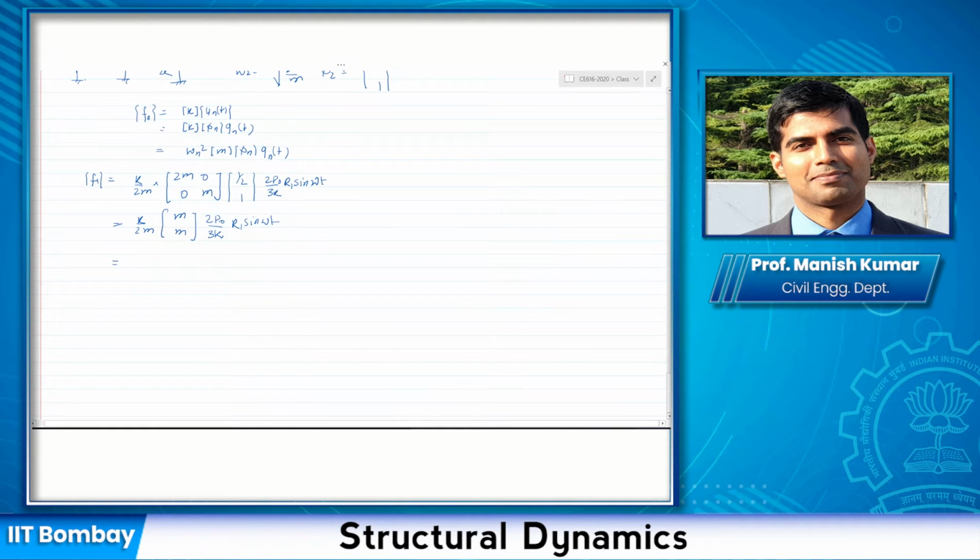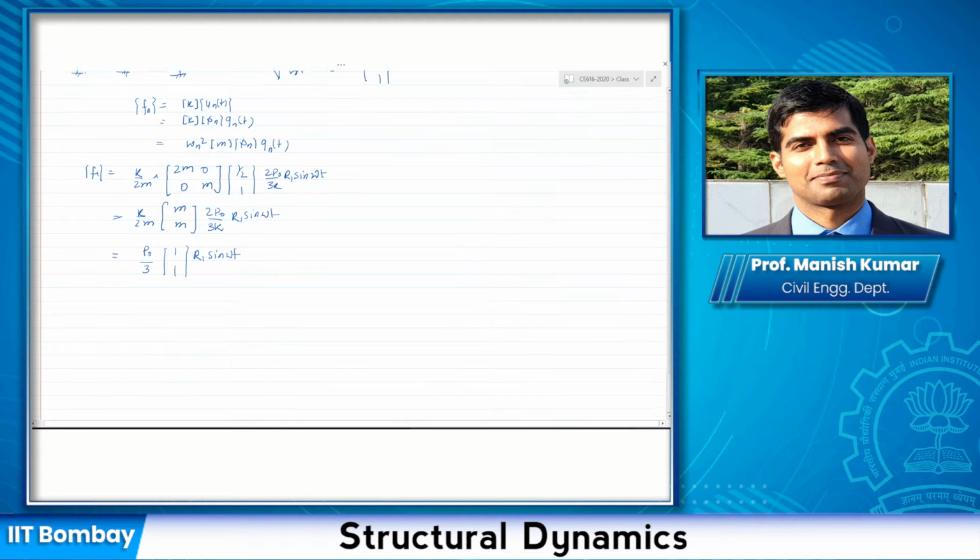Let us multiply this and see what we get. I can take m outside, and also multiply with K. Basically, what I will have here is P0 by 3 times the vector with 1 and 1, times R1 sine omega t.